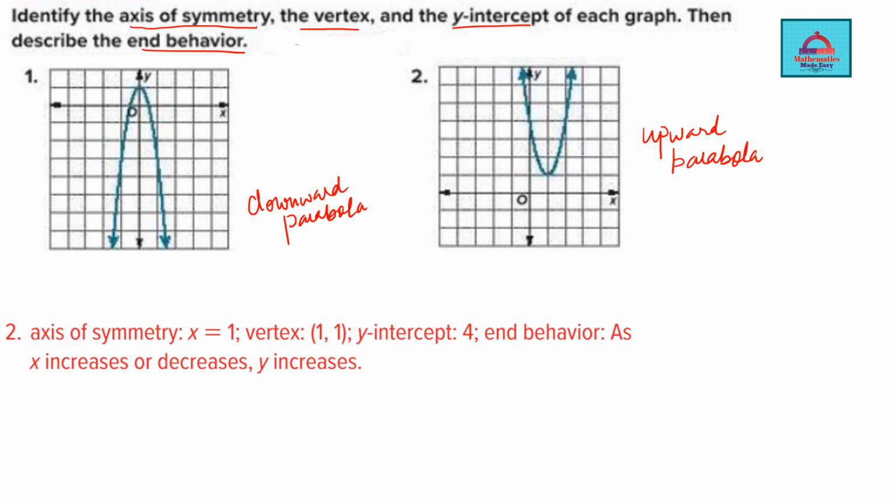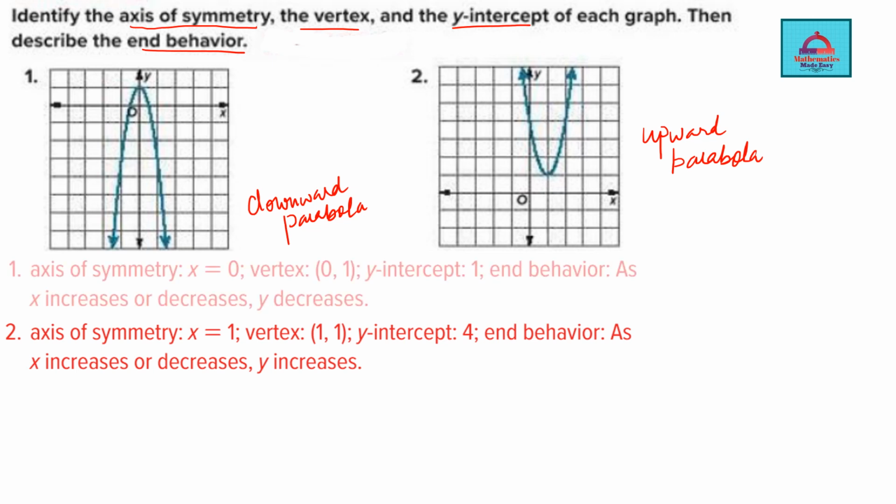Now, this point is the vertex, so the coordinates of this point give you the coordinates of the vertex. If you see the vertex carefully, this parabola starts at the point (0, 1). So the vertex is (0, 1). It is meeting the y-axis at the point 1, so the y-intercept is also going to be 1.